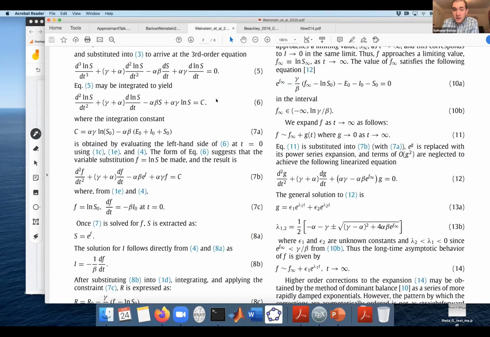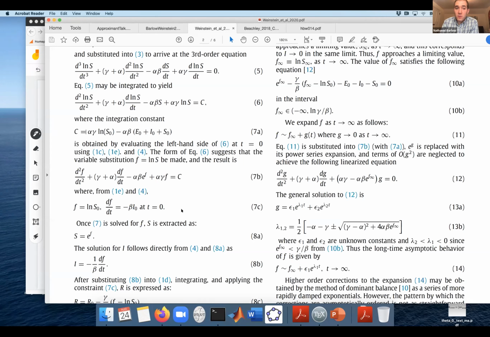Once you solve it, you can unpack it and get all of the parameters in a way below. You can get S, you can get I, you can get R, you can get E. So what we did is we applied our method to this single ODE just because it was easier to do than to apply it to the system.